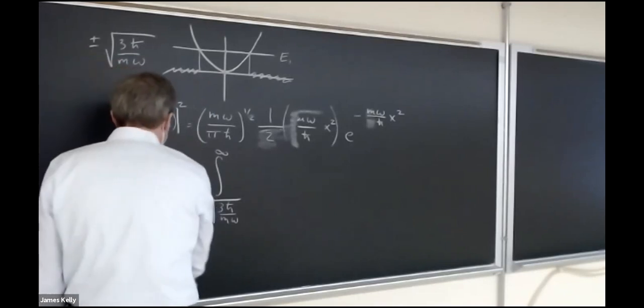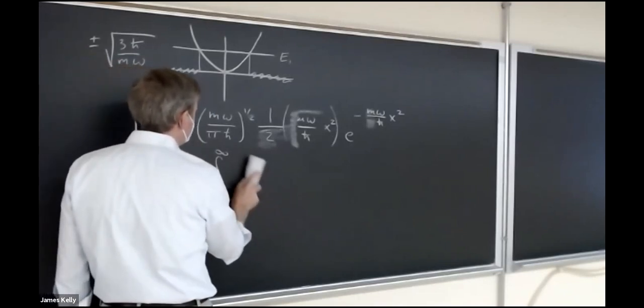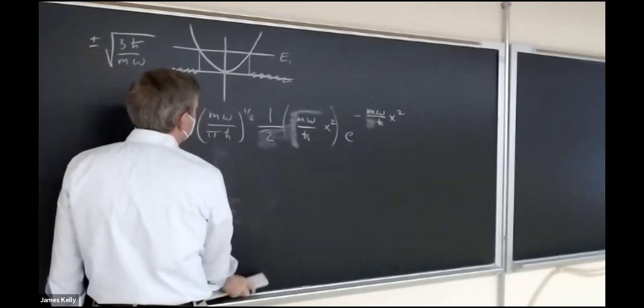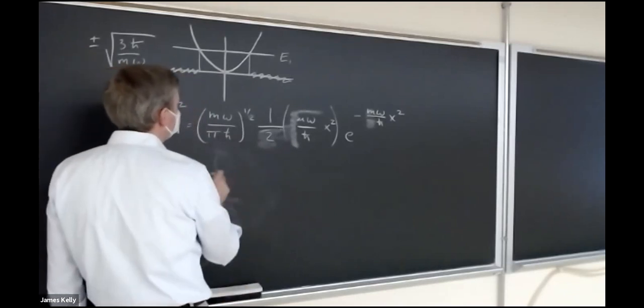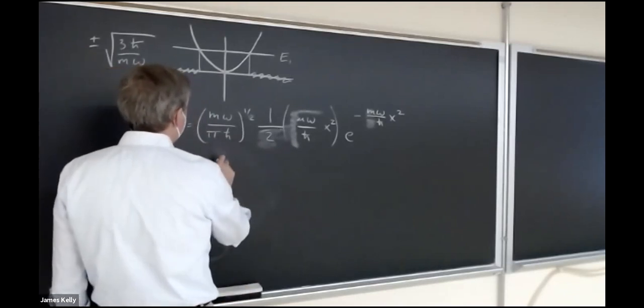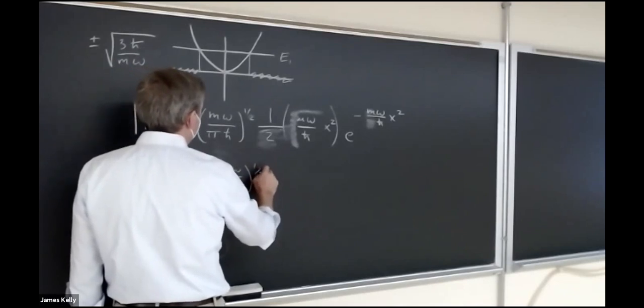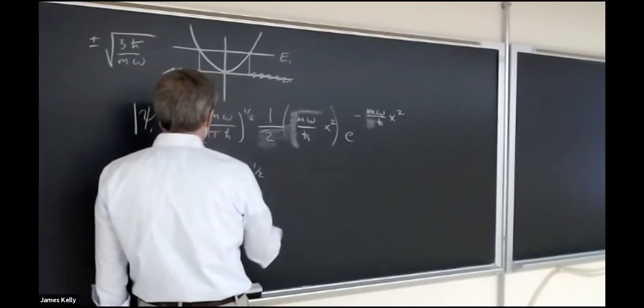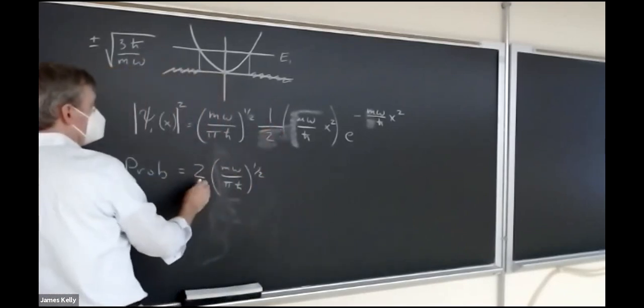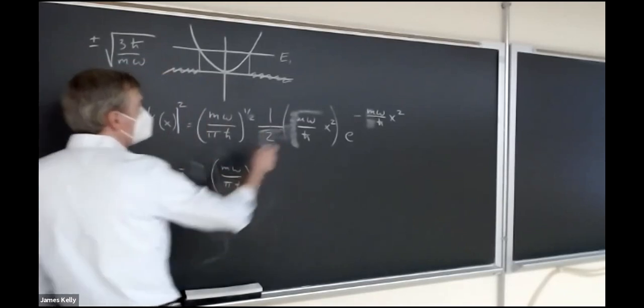So I guess I should put all my constants out in front. I've got an m omega over pi h bar to the 1/2 power times a 1/2 that would cancel this 2, okay?